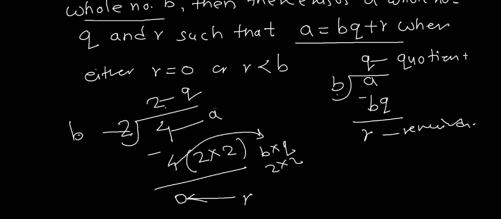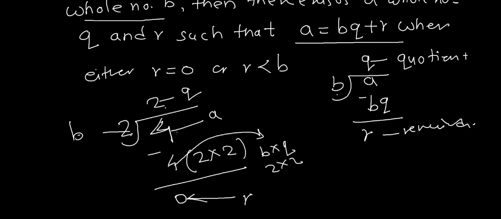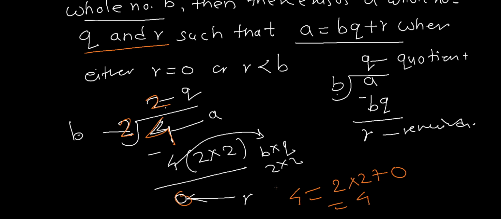So yes, let's say A is divided by non-zero whole number B, that is 4 divided by B, then there exist whole numbers Q and R, such that A is equal to, that is 4 equals B into Q plus R. Yes, it's true, where either R is equal to 0 or R is less than B. Correct.